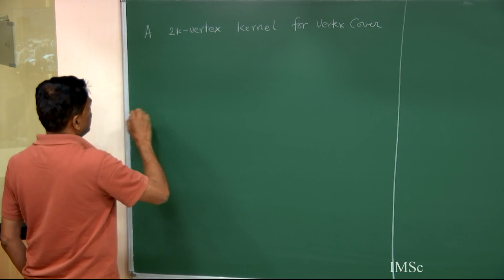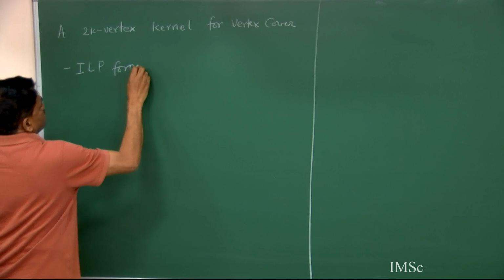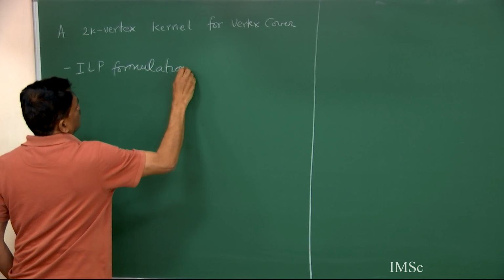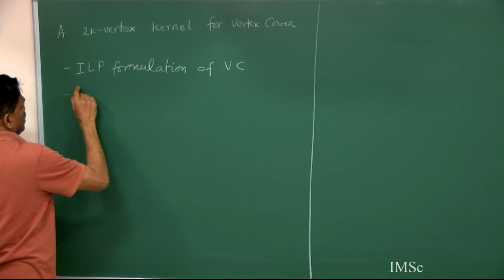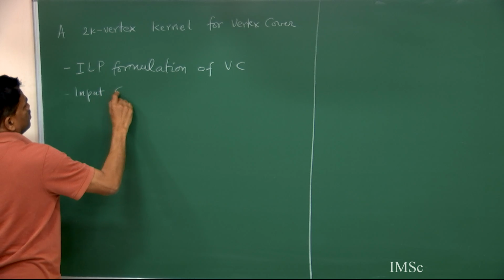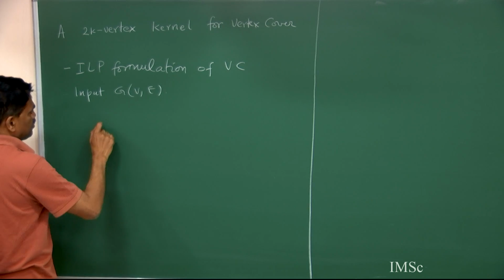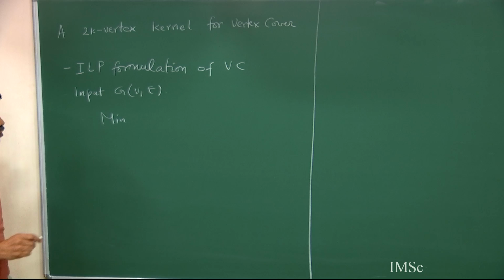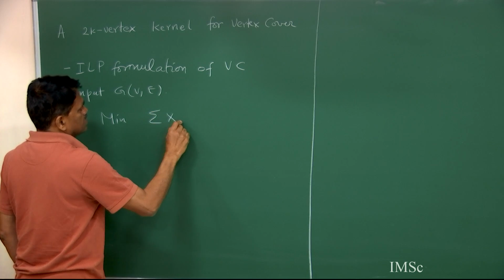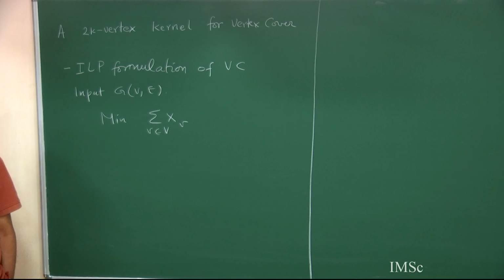So let's recall the integer linear programming formulation of vertex cover. So the integer linear program, what do you want to minimize? It has a variable for every vertex and you want to minimize the summation of xv, and the interpretation is that the variable is set to 1 if it is in the solution and 0 otherwise.